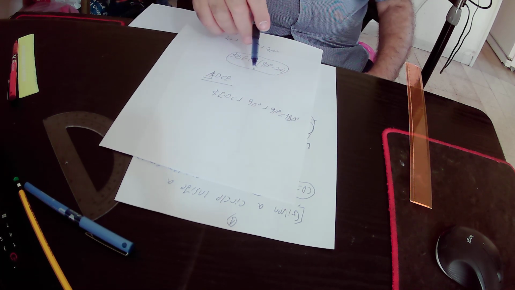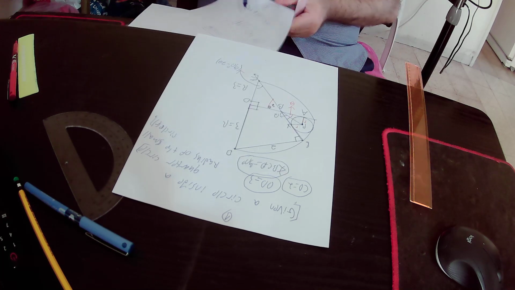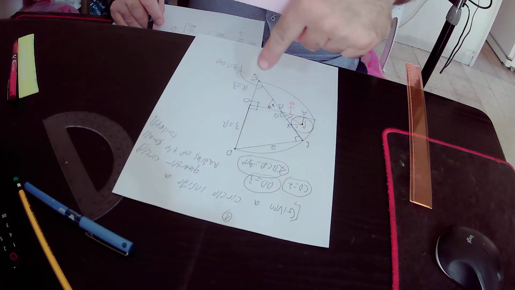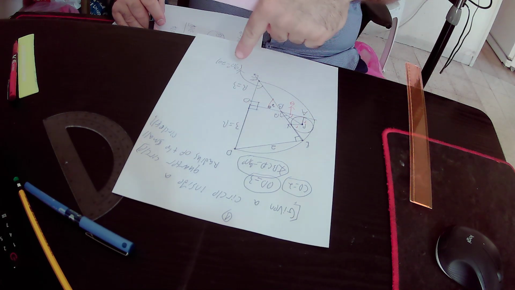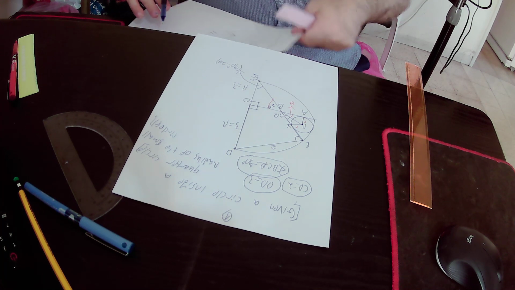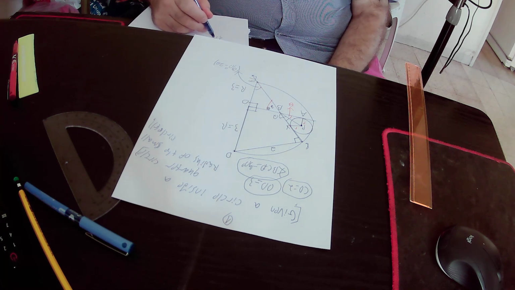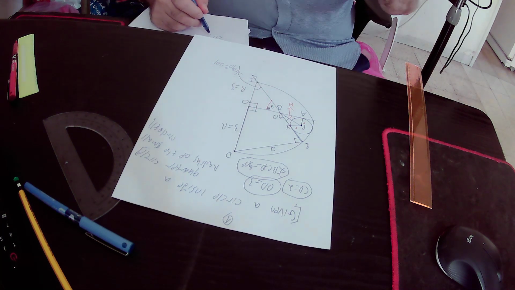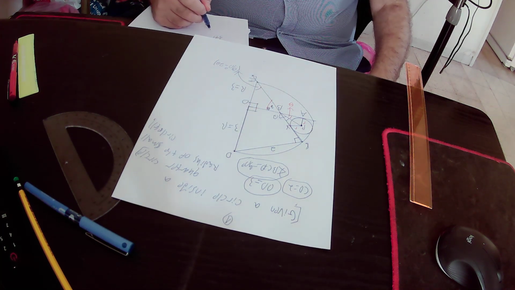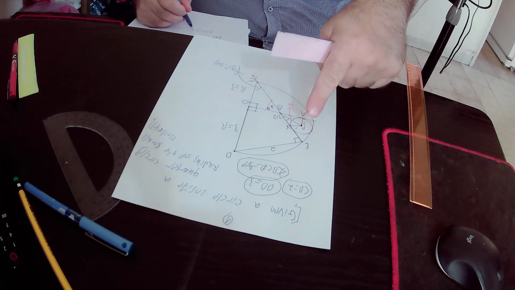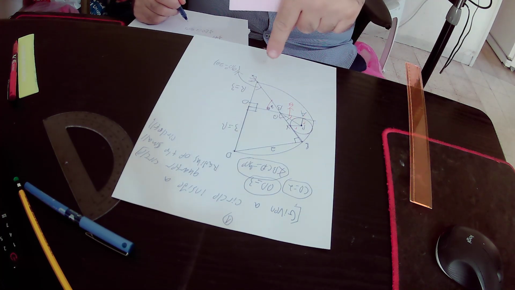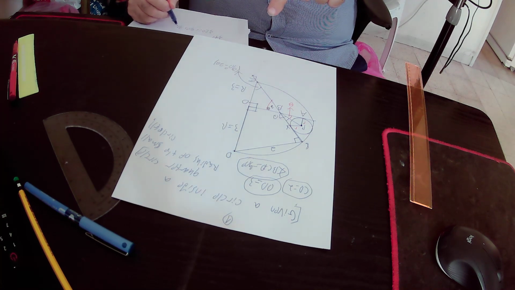So angle EDC, this angle, plus this angle that is 90 degrees, plus angle DEC that equals 90 degrees minus 2 theta, must be equal to 180 degrees.